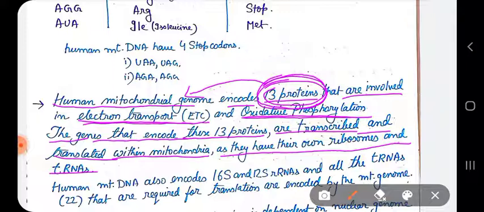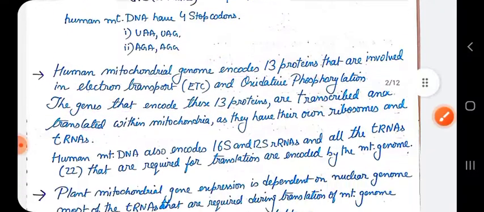That's a point to be noted: unlike other organelles found in the cell, mitochondria have their own DNA as well as their own ribosomes and tRNA. That indicates that, according to evolution, mitochondria must have originated from bacteria.